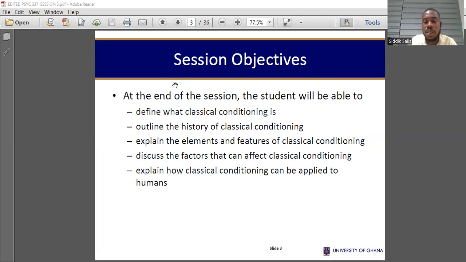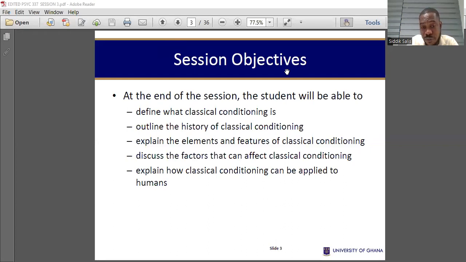So in the studies, whilst he was doing this, he discovered that humans have some behaviors that we learn. We are not born with everything. We actually learn certain things under certain conditions. So he discovered that, and then he took the studies a bit further, and therefore he has been acknowledged in psychology for a very long time now.